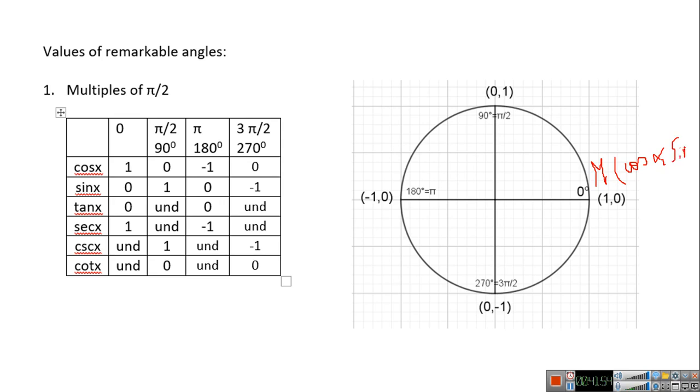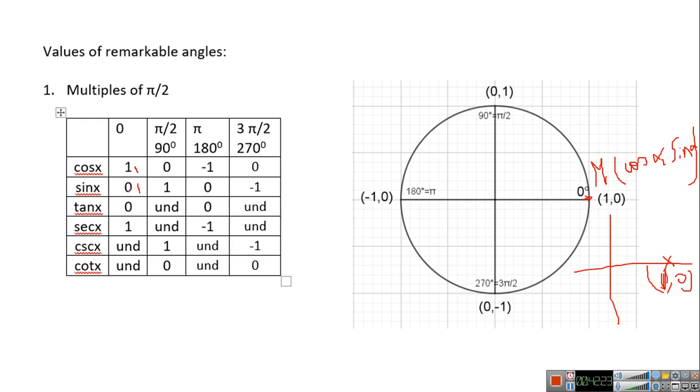If you have a point at the origin, like the point here at 0 degrees, cosine 0 is 1, x is 1. What will be y of this point? 0, because I'm on the x-axis. So cosine 0 is 1, and sine 0 is 0, because y of the point is 0.